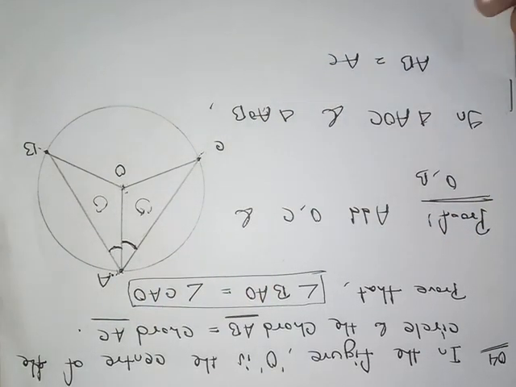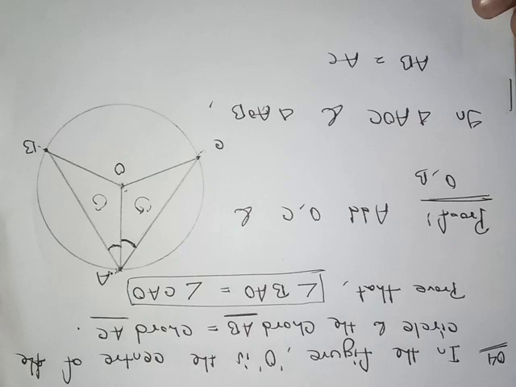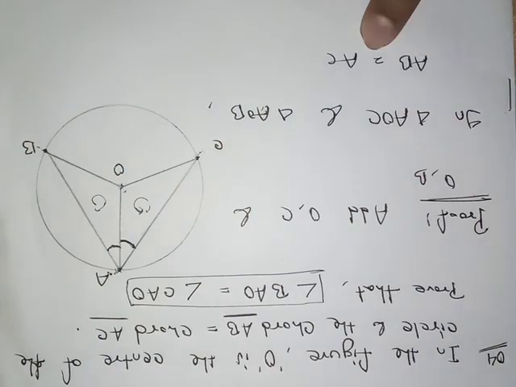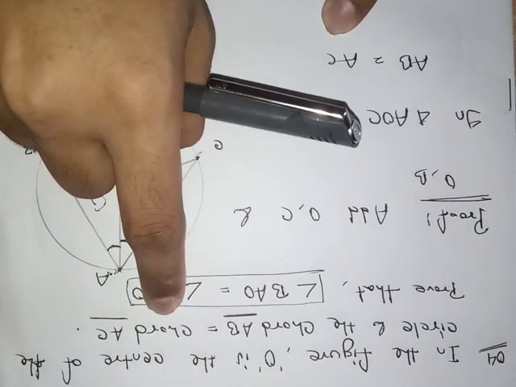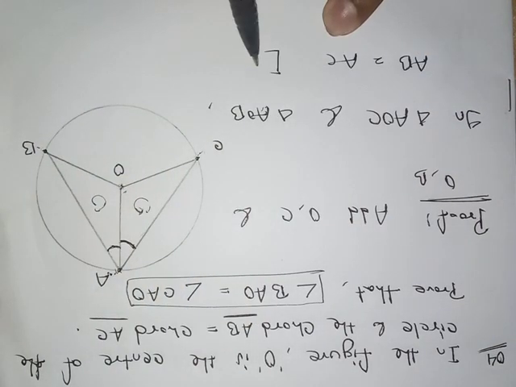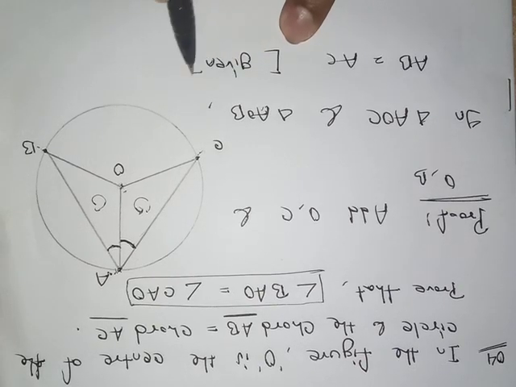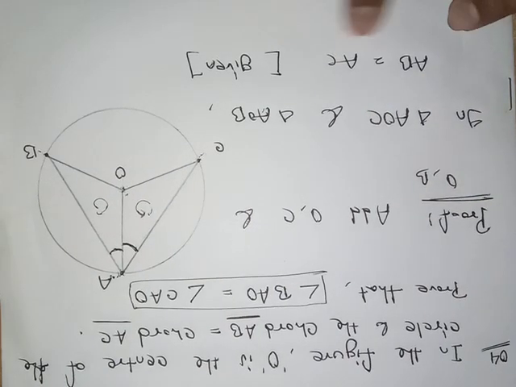This is given by the question, so we don't need to prove this. We can easily say that AB is equal to AC according to the question. So we have to write within the bracket, given, since this is given by the question. That's how we can say AB is equal to AC.